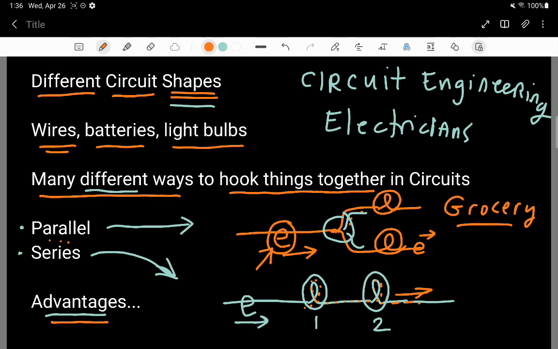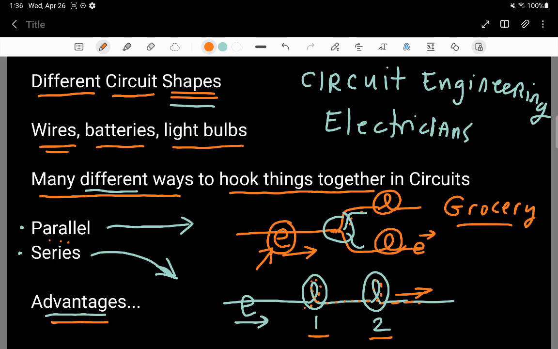So the current is flowing towards the right, and each electron in the current must go through one light bulb first, and then it cannot skip the second light bulb. It must also go through it because the electron is confined to the wire, and if it moves along the wire, then it moves through light bulb 1 and then light bulb 2, right?